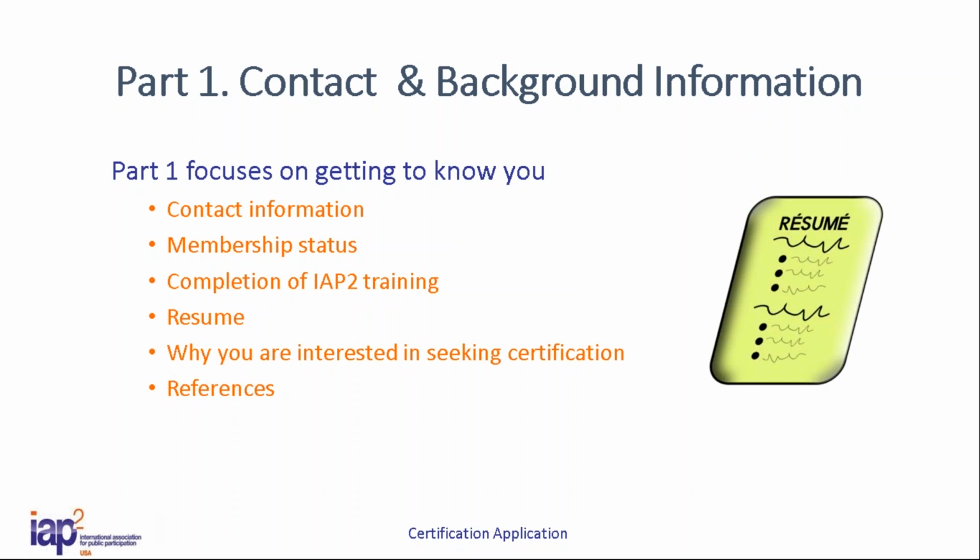So it's not like a professional reference for a job. It's people that have knowledge about the way you approach your work and can attest to your performance against the criteria that we're looking for information for. So that's the background information.